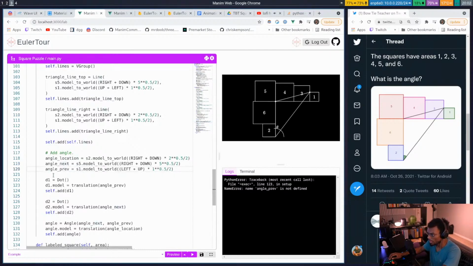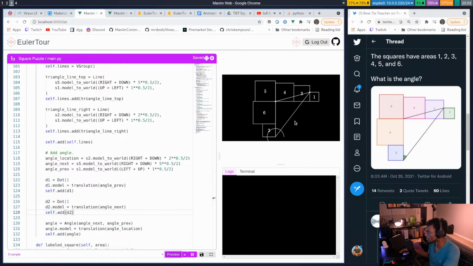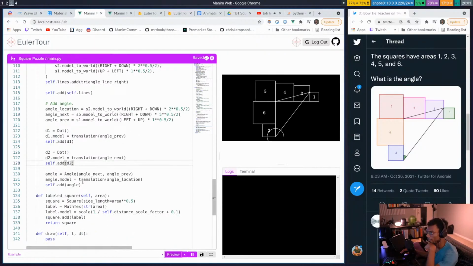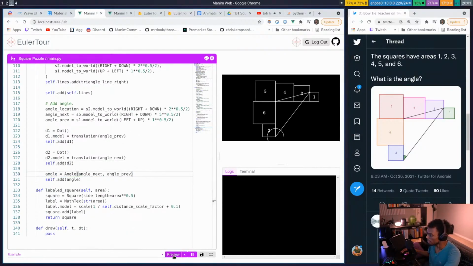Put prev here. Okay, because I'm also not sure why that happens. Let me not do that with the model.